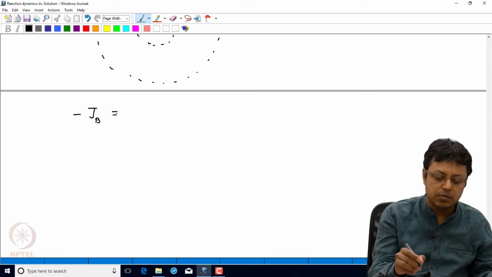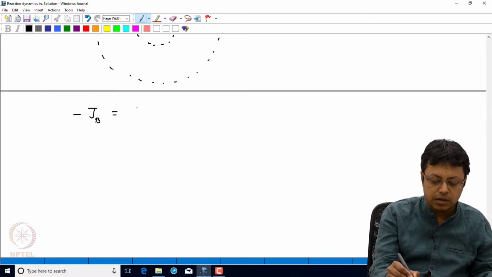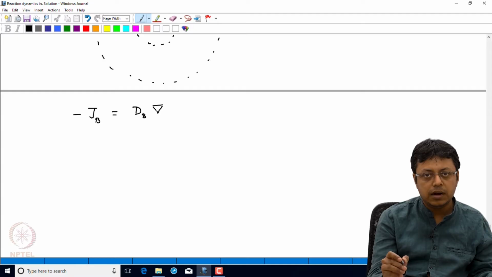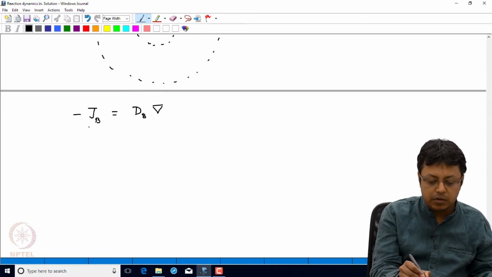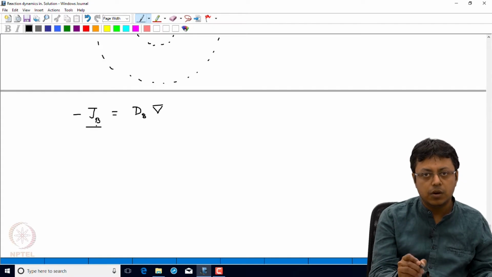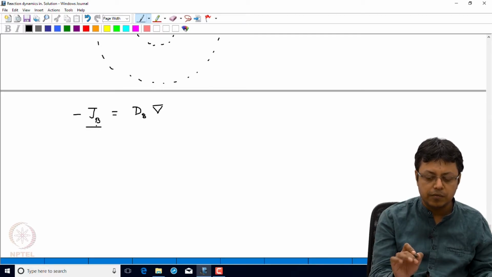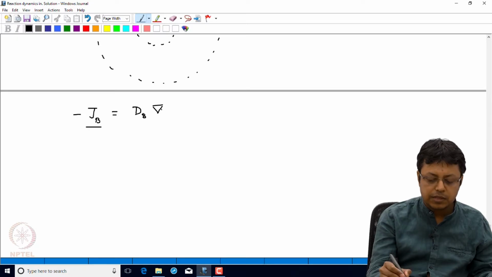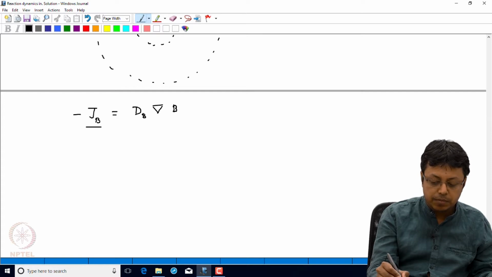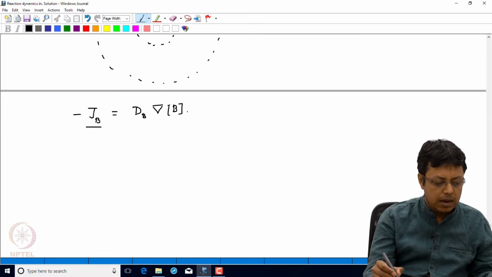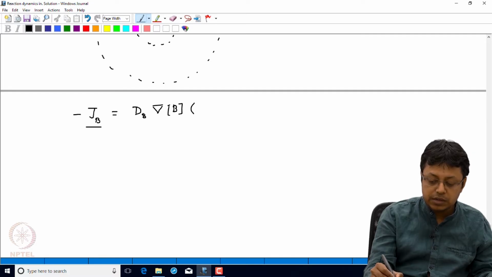I am writing the minus with the flux equation, and that is basically the diffusion coefficient of B times, now this flux I am considering in 3 dimensions. So, this is a vector quantity, I should use an underscore or boldface J of B. I am just using an underscore for vector, and this is the diffusion coefficient, and then I have a 3-dimensional gradient of the concentration of B, and this concentration is now dependent on r, theta and phi.